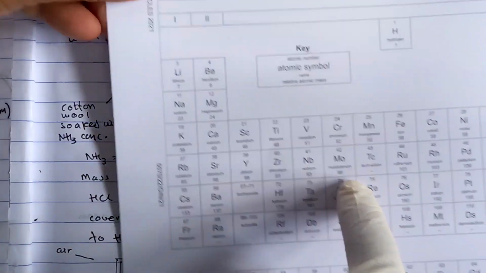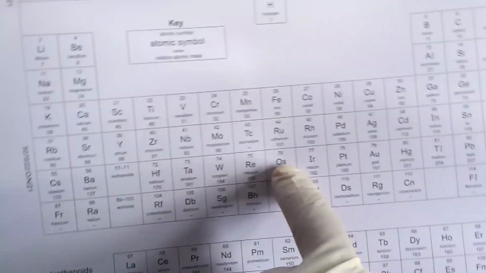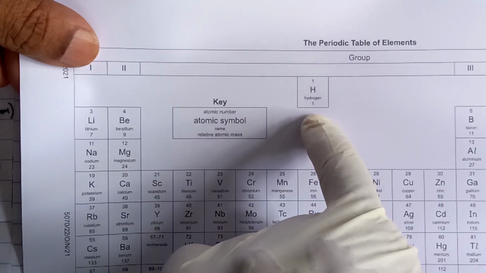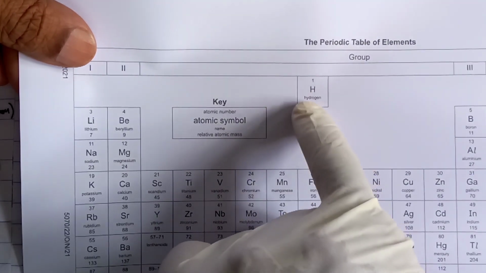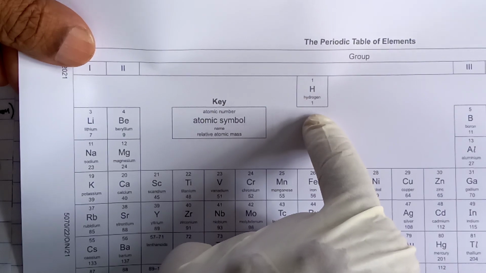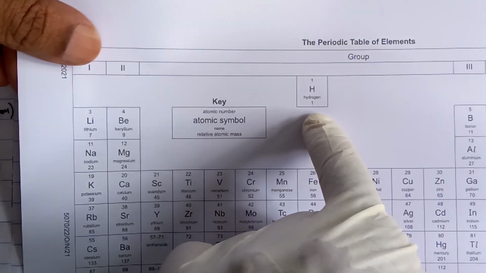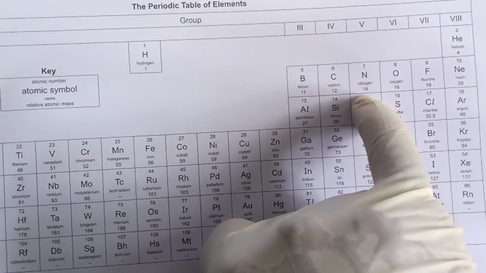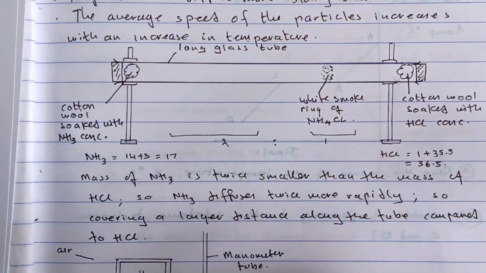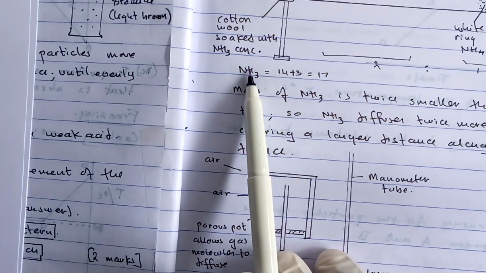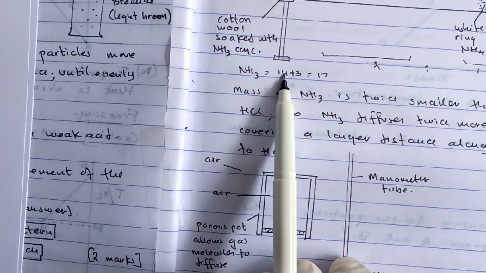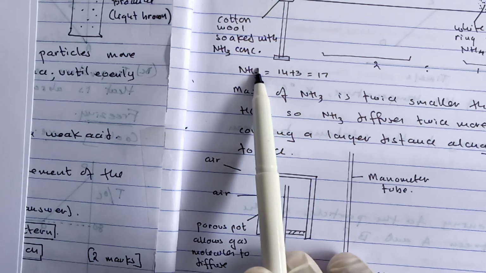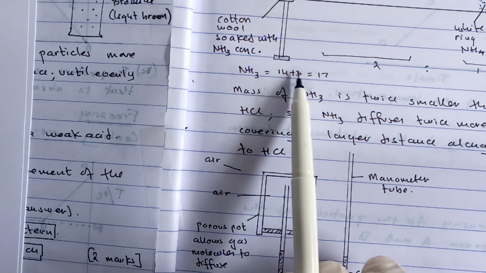Now, you take the periodic table, you look for hydrogen. You see hydrogen is 1. The figure which is found below is the atomic mass. So it is 1. For ammonia, nitrogen is 14. So for NH3, it is 14 for nitrogen, and 1 times 3 is 3.